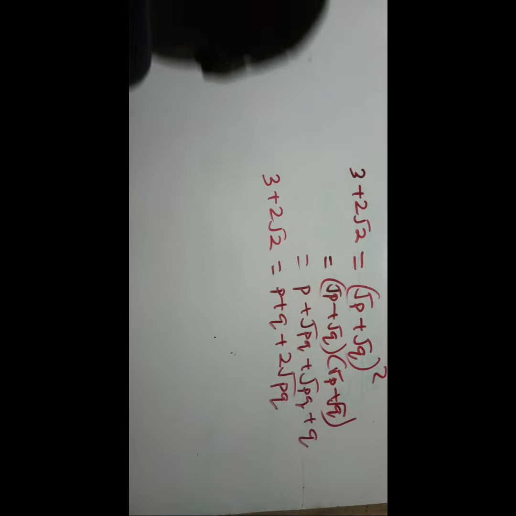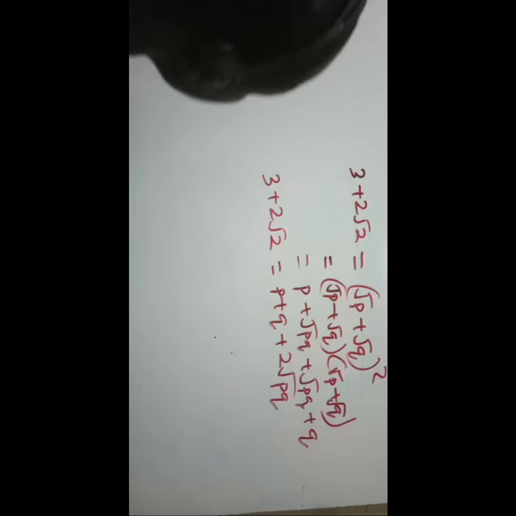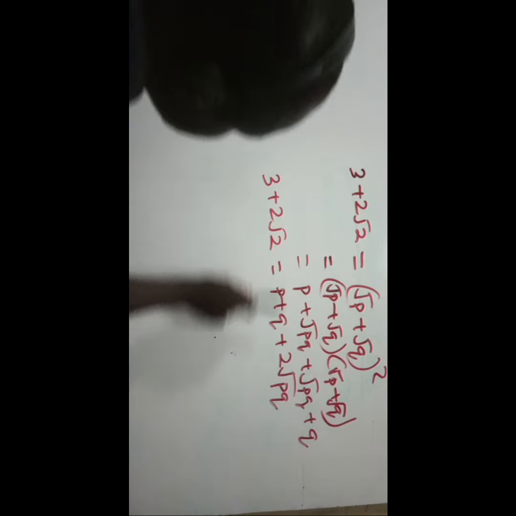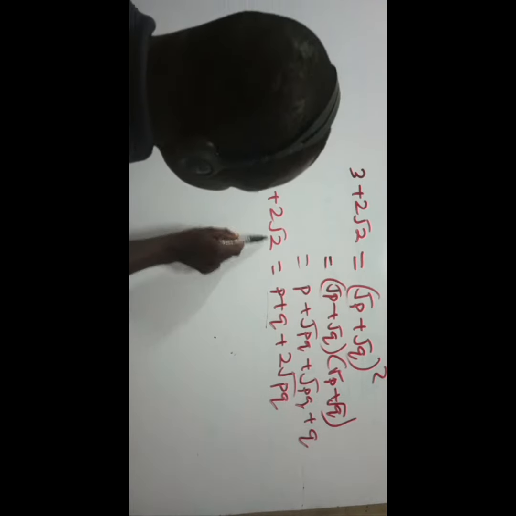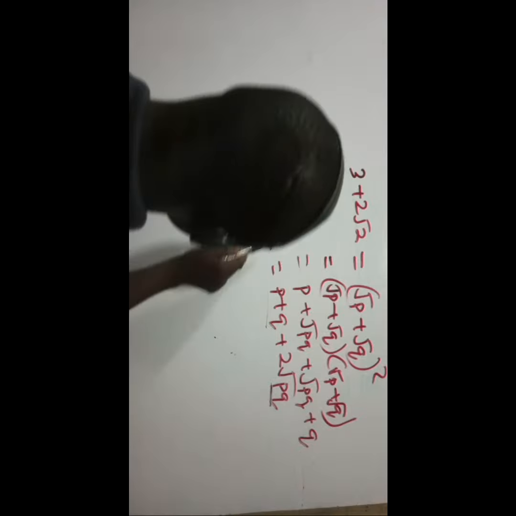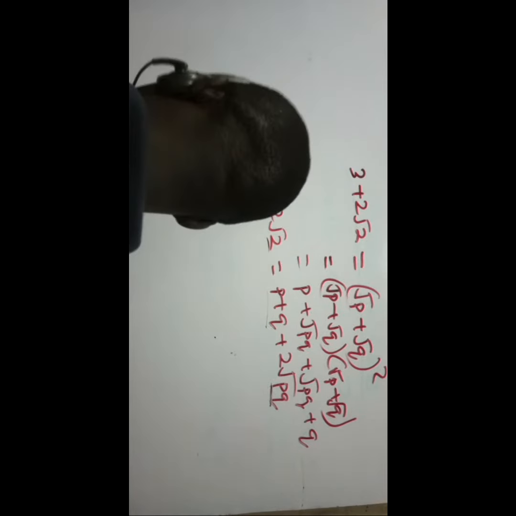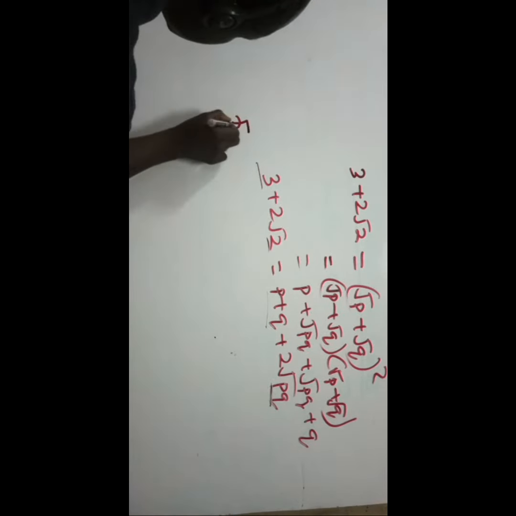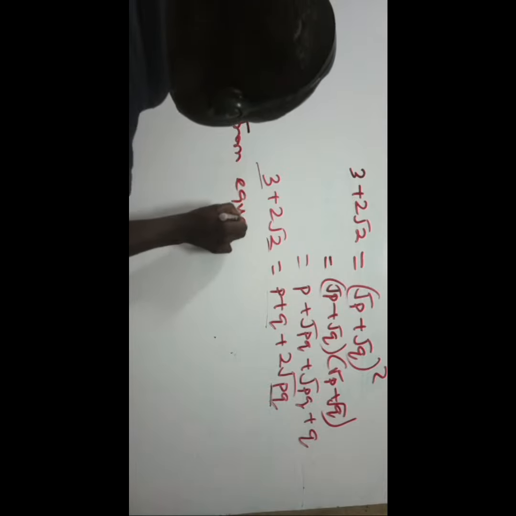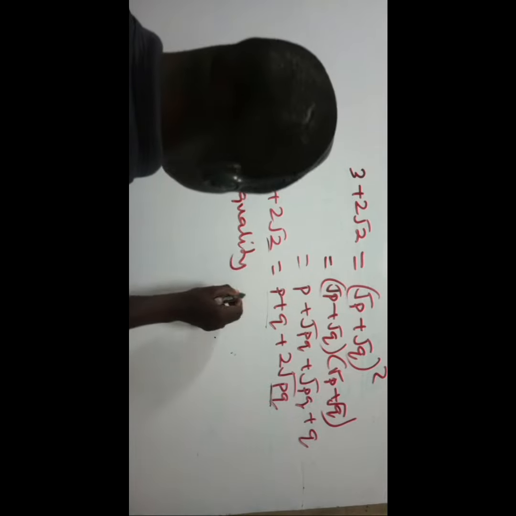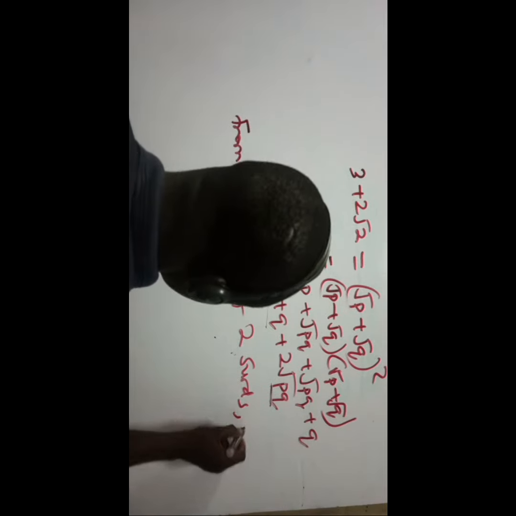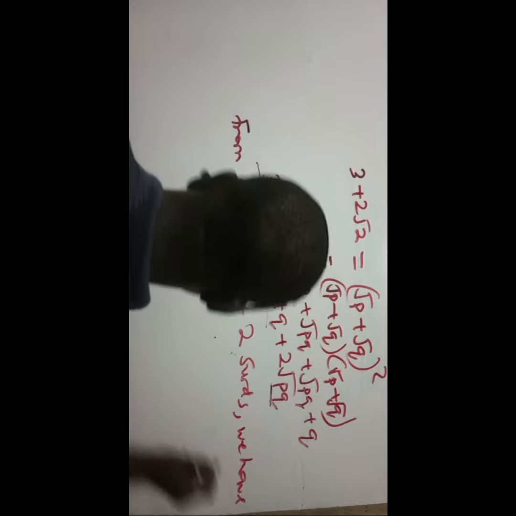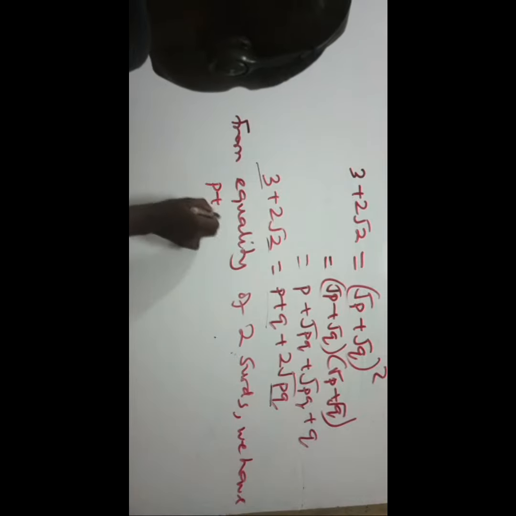Then what do we do? From the knowledge of equality of surds, we know that this and this are equal if p plus q is equal to 3 and square root of pq is equal to 2. That is what we know. So from equality of two surds, we have that p plus q is equal to 3.